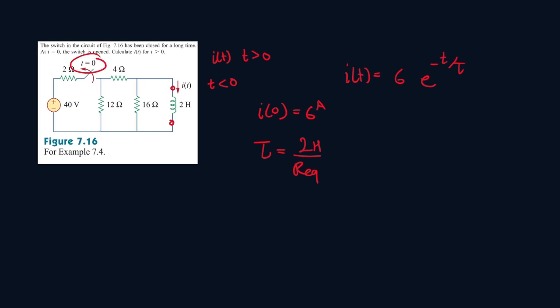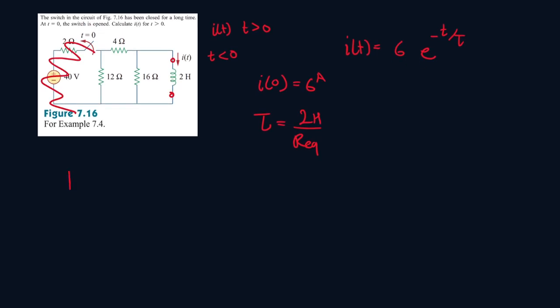Now since at t equals 0 we flip this switch, we can ignore this part of the circuit, so it'll just look like this. Now we have to find the resistance equivalent. So it'll be 12, 4, 6. So 12 plus 4, that's 16. 1 over 16 plus 1 over 6 to the power of minus 1.